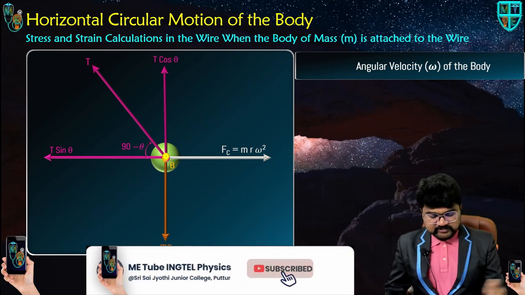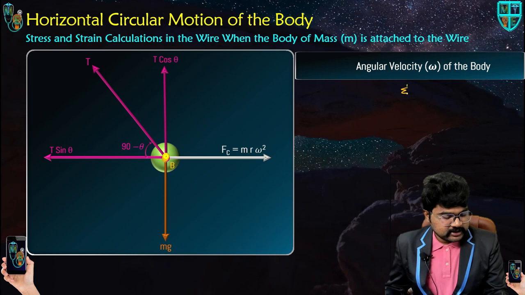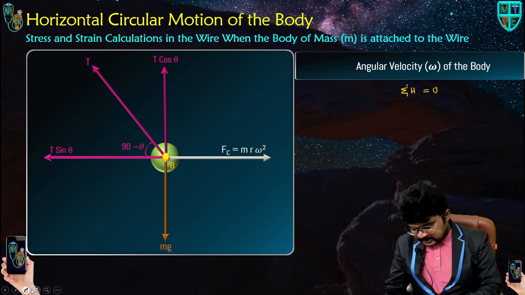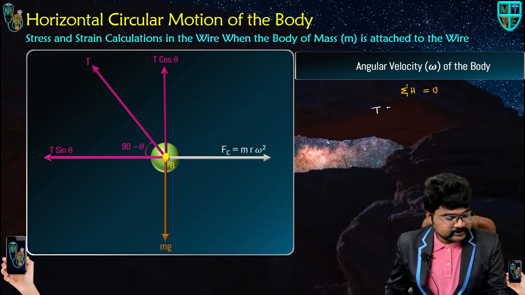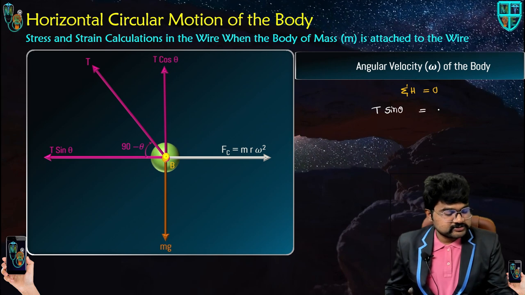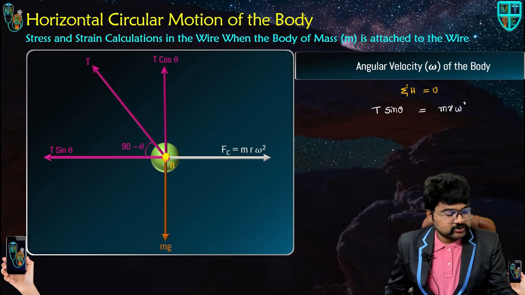Here we applied sigma H equals 0. Then T sin theta equals m r omega square.